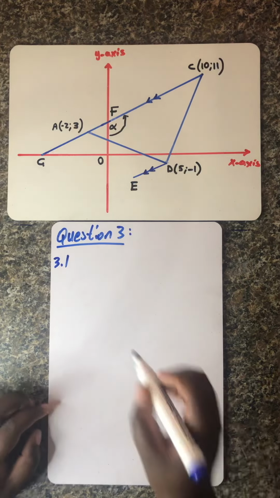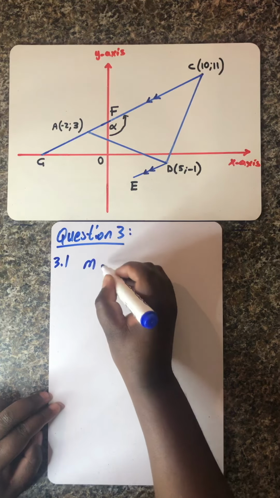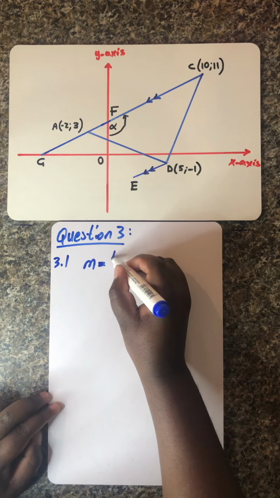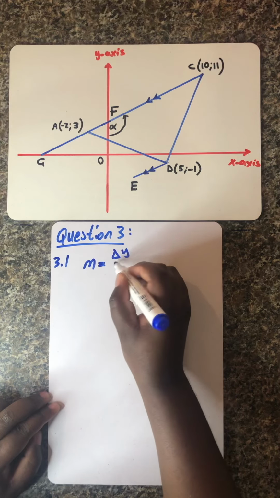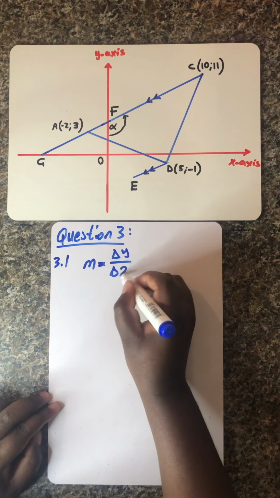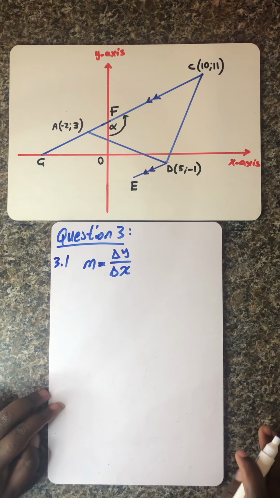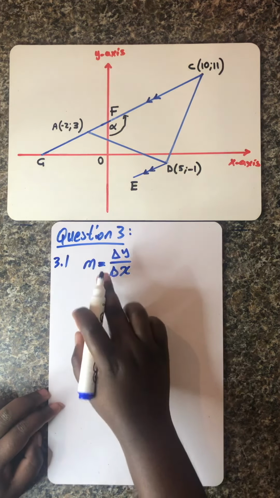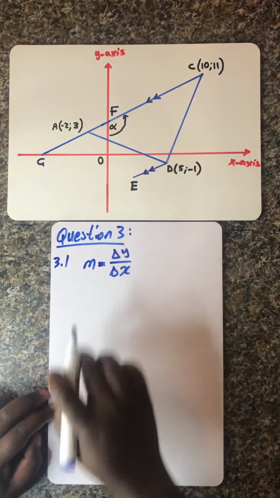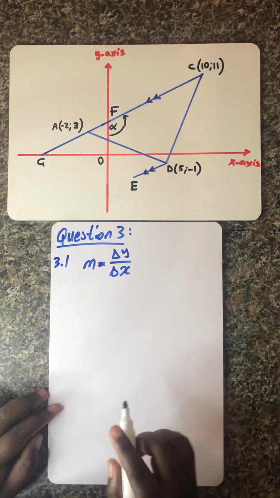So what you do is write down the formula for calculating the gradient. Very, very much important, ladies and gentlemen. You just write down the formula for calculating the gradient. We know the gradient is equal to change in y over change in x. So guys, what does change mean?